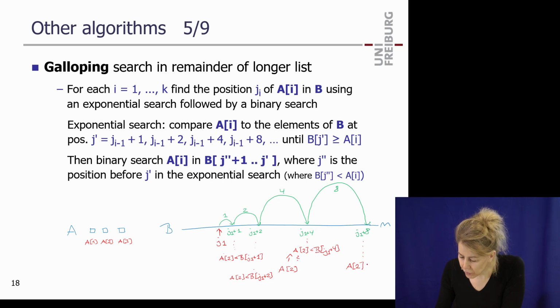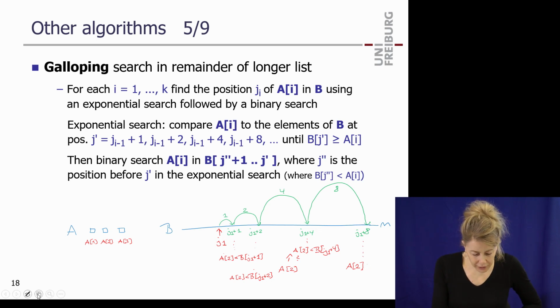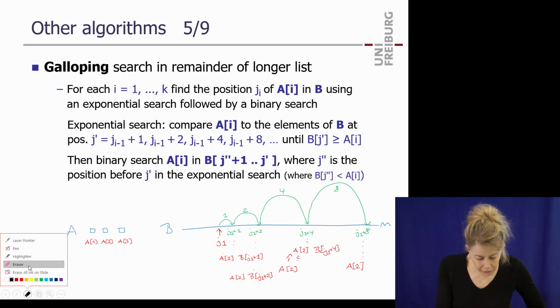No, but this is wrong, right? So the elements of B are becoming larger and larger, right? At some point my A is staying the same, so I did it wrong here. It's trivial, but it's easy to get confused about it when you're sitting right in front of it.